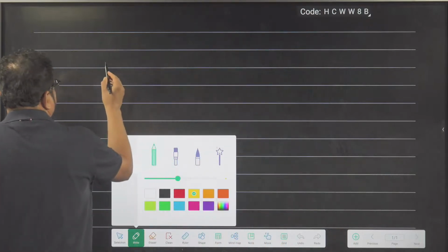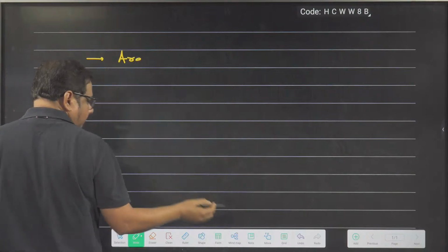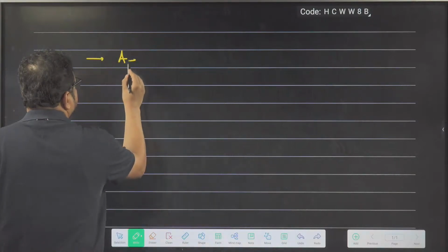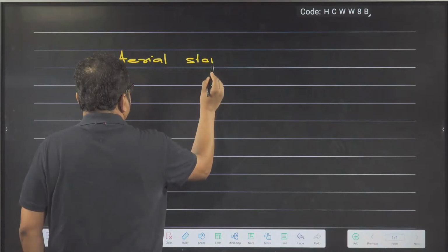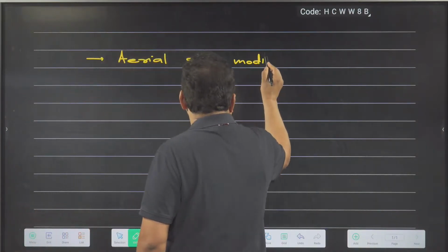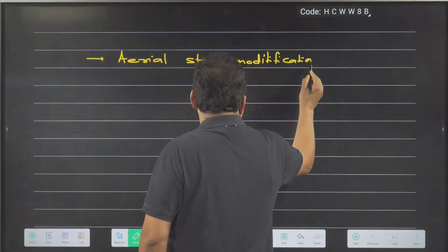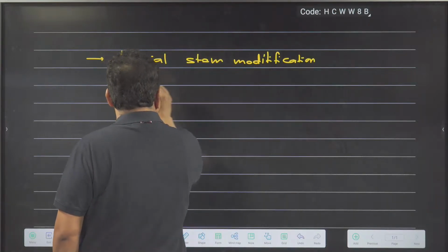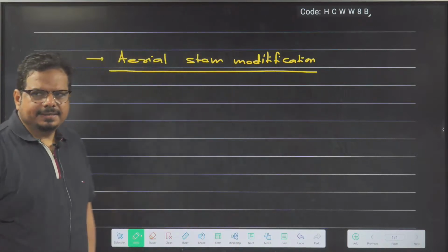Aerial stem modification. So in aerial stem modification, what happens?